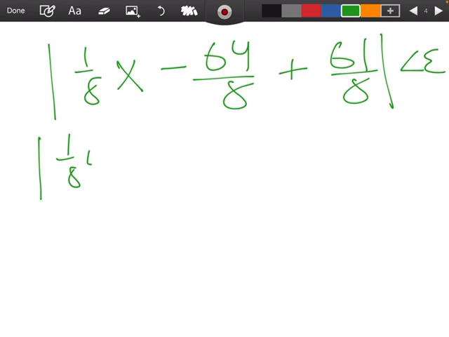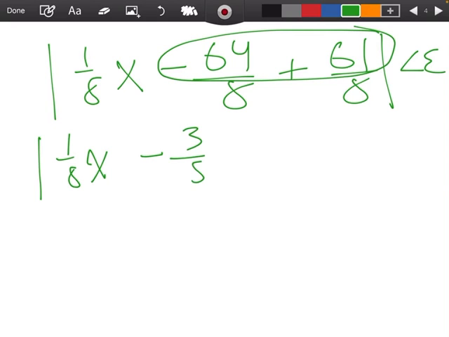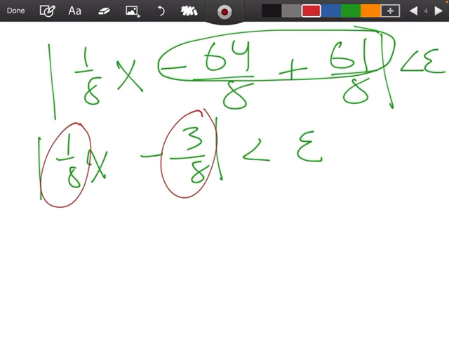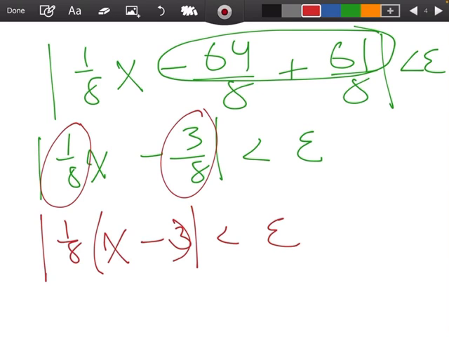Okay, so now we have 1/8 x. If we combine these together, that's minus 3 over 8 is less than epsilon. What I'm going to do here, y'all, is factor out a 1/8 out of both these terms. So I can put a 1/8, and then we have |x minus 3| is less than epsilon.